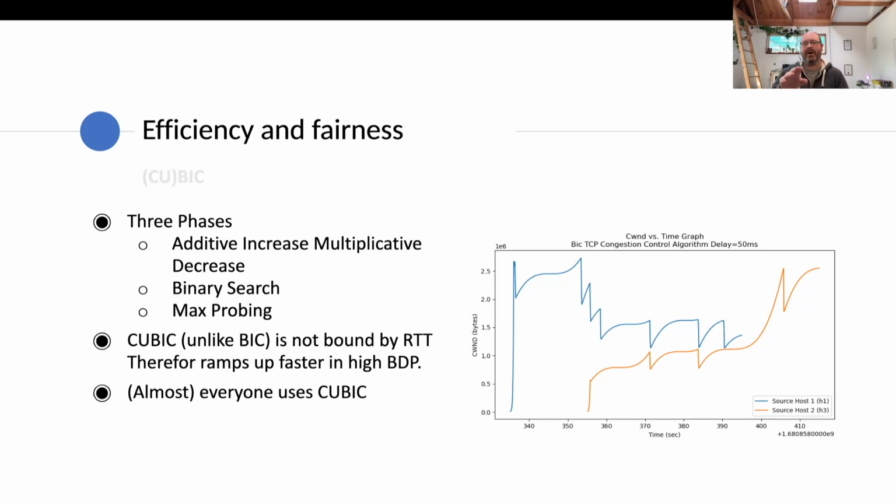And then it'll try and ramp up again, and it'll use that binary search to work out what the available bandwidth is. And once it's equalized, it's going to use max probing to try and work out, can I go higher? It's a really, really cool algorithm. It's still loss-based, but it's really interesting that it's become so popular nowadays. It performs extremely well.